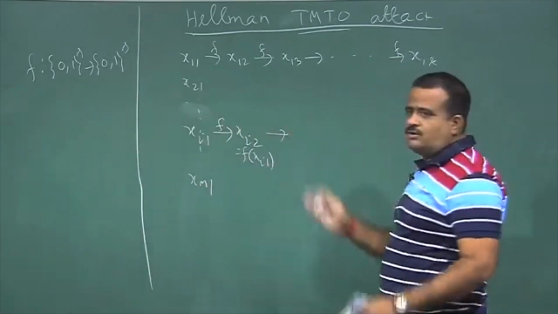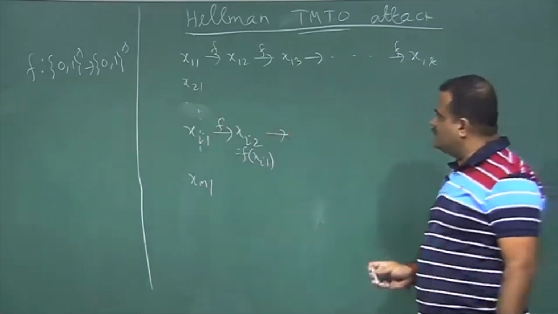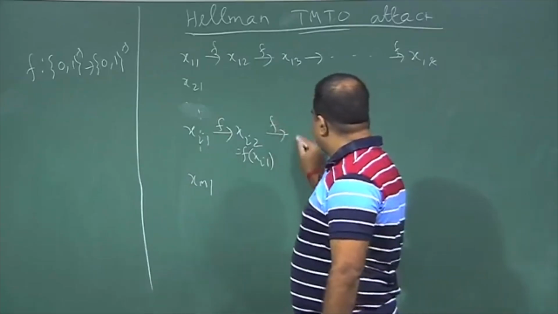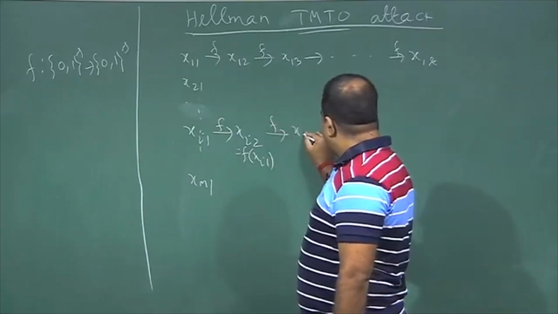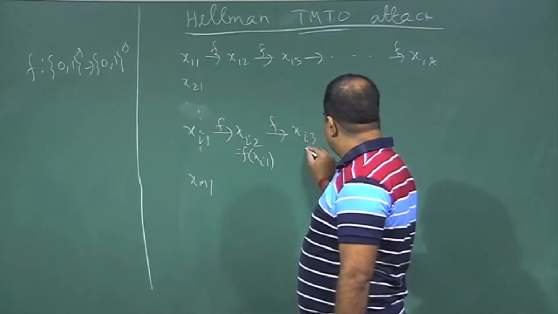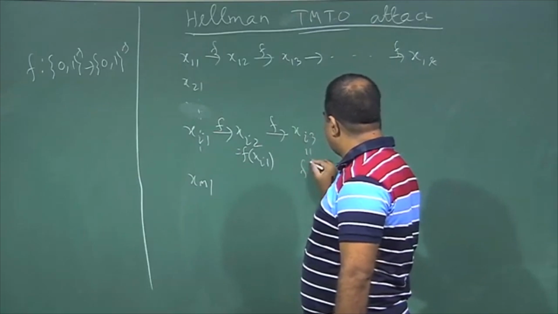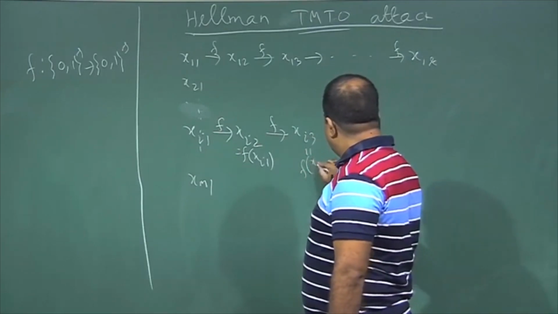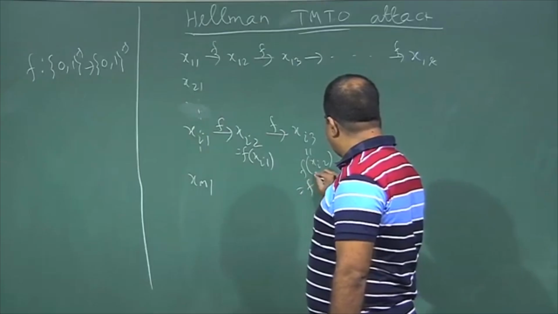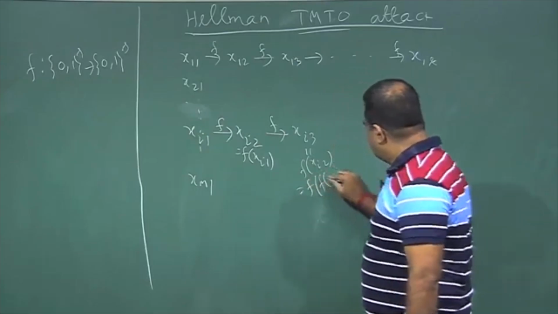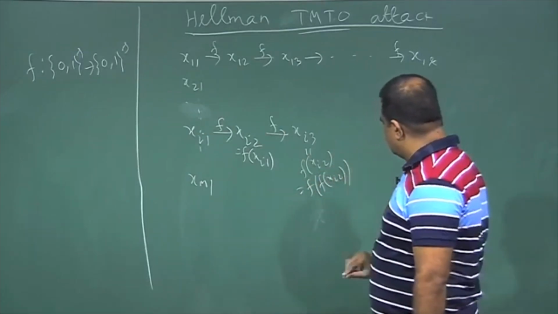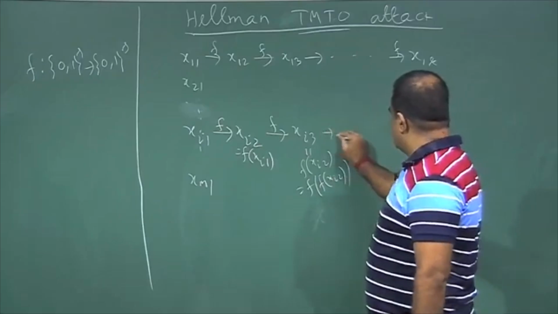So, again we apply f on it, and we get xi3, which is f of xi2. This way we will continue.